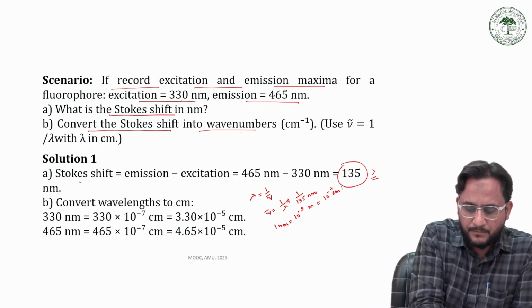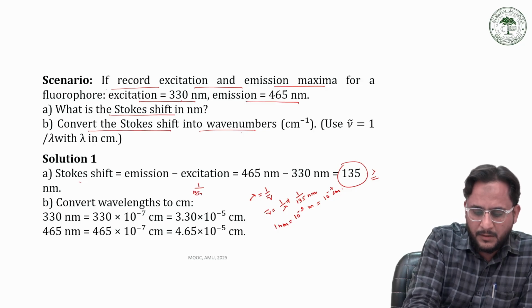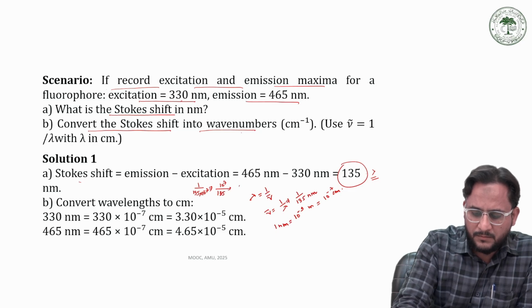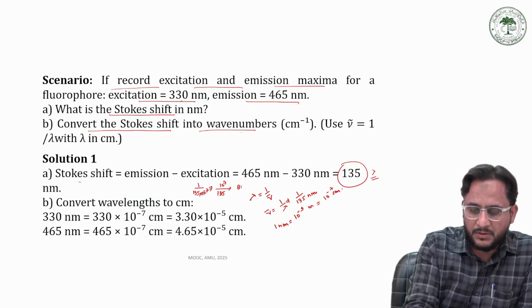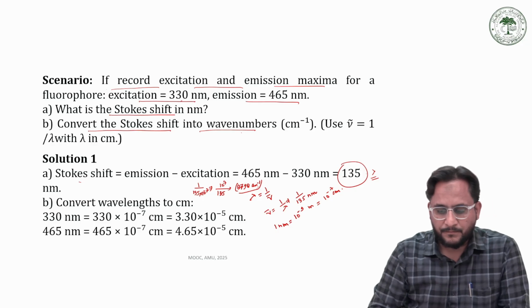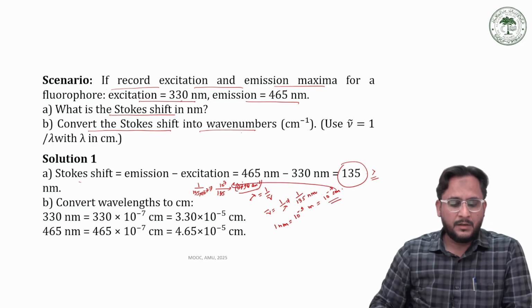So finally it will become 1 upon 135 into 10 raised to the power minus 7, which ultimately goes in the numerator, 10 raised to the power 7 upon 135, which turns out to be around 8798. Its unit is centimeter inverse because we have put this conversion here.